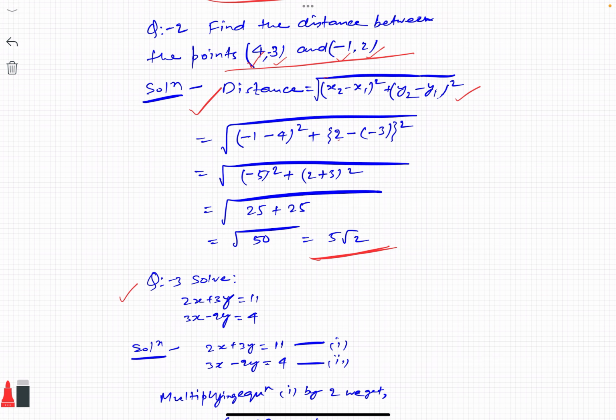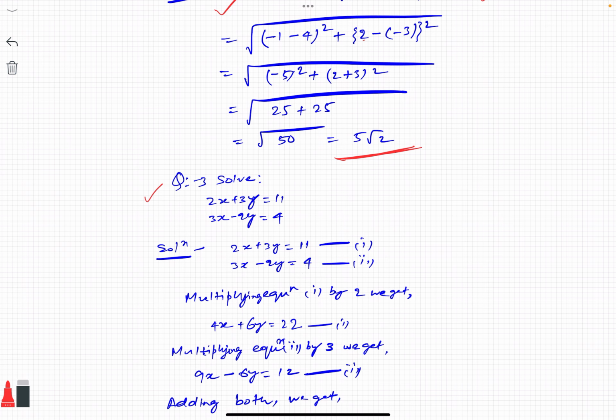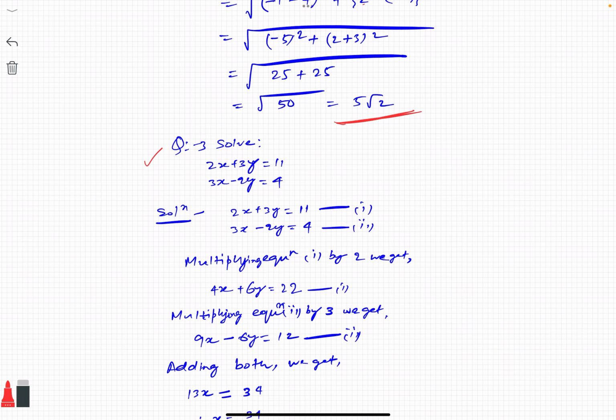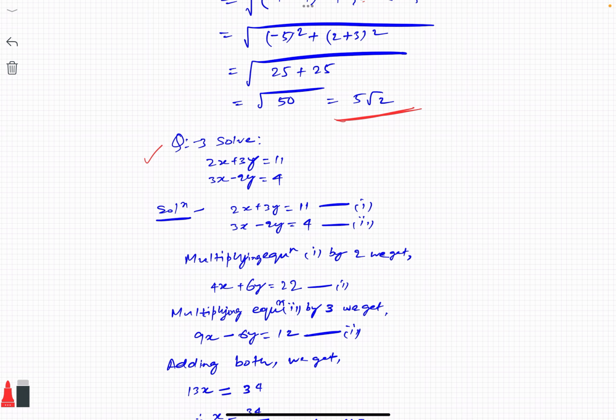Question number 3 is solve 2x plus 3y is equal to 11, 3x minus 2y is equal to 4. Multiplying equation 1 by 2 and equation 2 by 3.